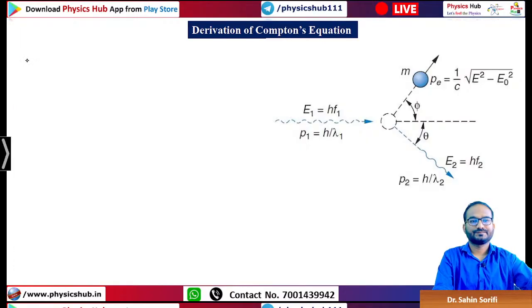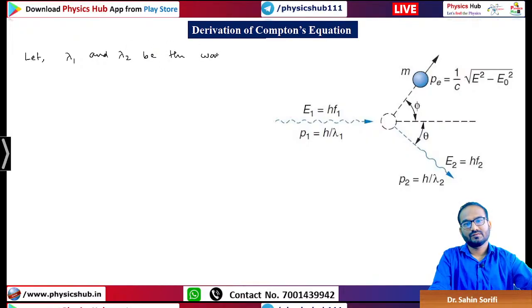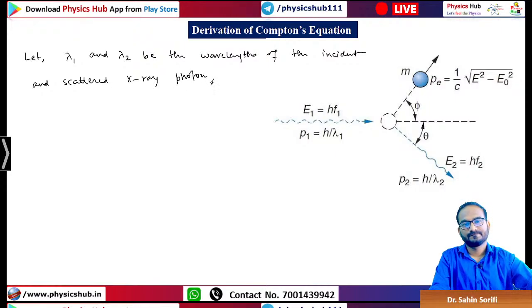Let lambda 1 and lambda 2 be the wavelengths of the incident and scattered X-ray photons respectively. For incident it is lambda 1, for scattered it is lambda 2, you can see here. So the corresponding momentum will be h by lambda 1 and h by lambda 2.